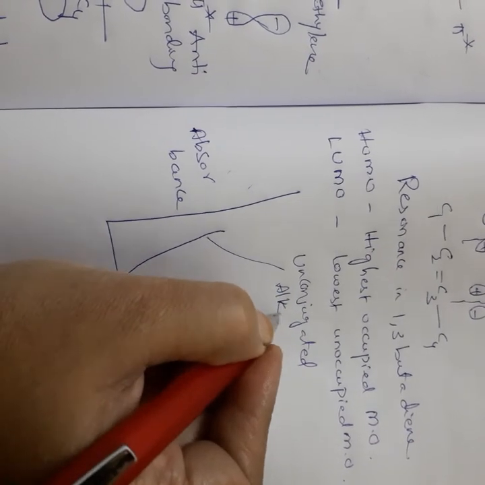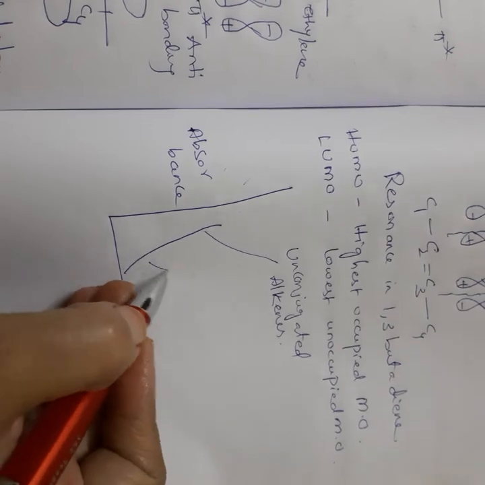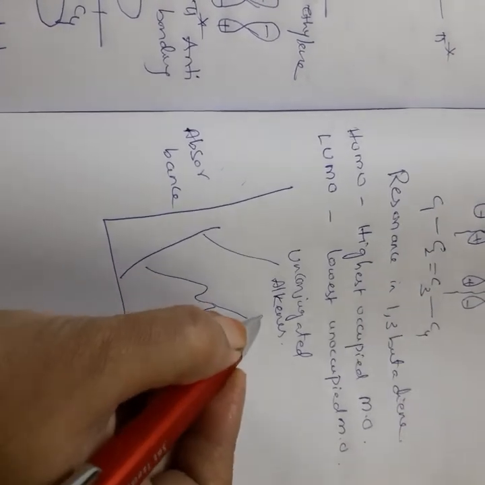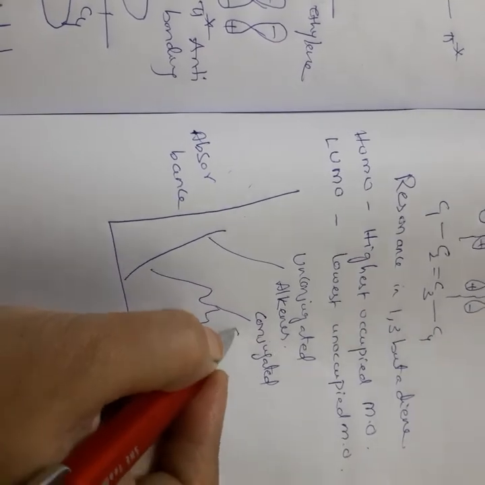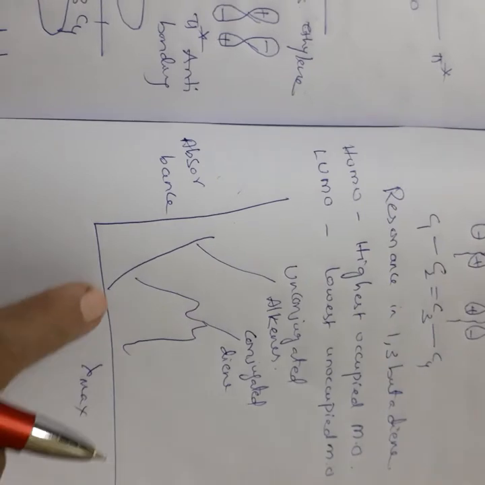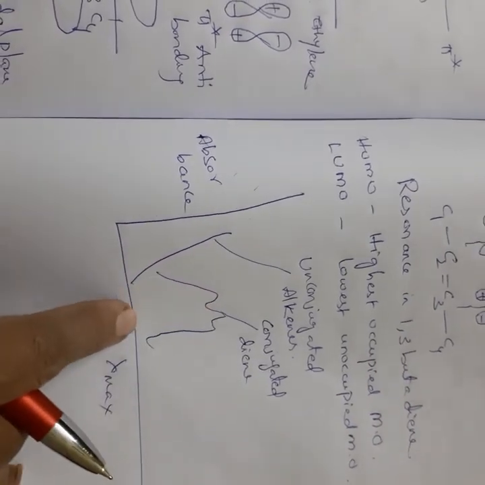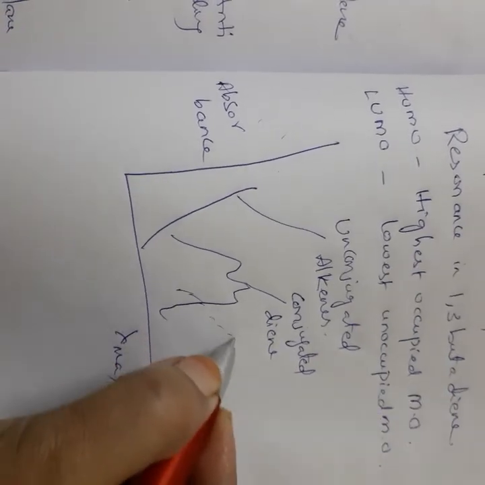Now if you observe this one, this is for conjugated diene. So if you observe, here the lambda max is here, but here the lambda max is shifted towards the right side.